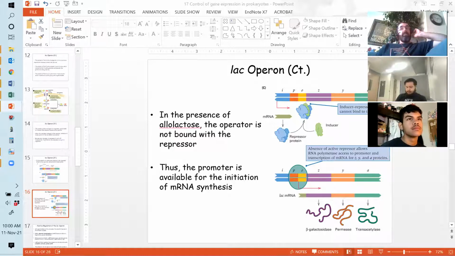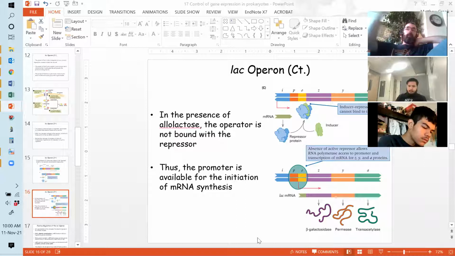And so when LAC-I isn't bound to the operator, now we get transcription and we get the production of these three proteins. So this is our big on-off switch, right? No lactose present, off. Lactose present, on, right? Very binary kind of deal.